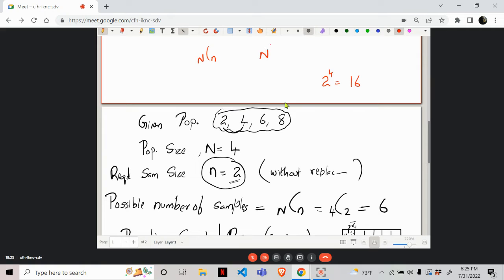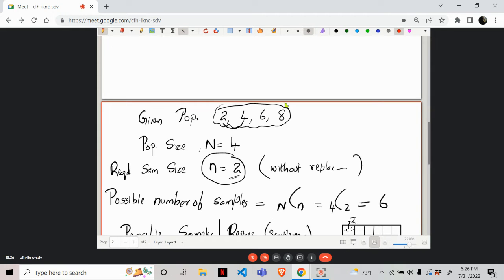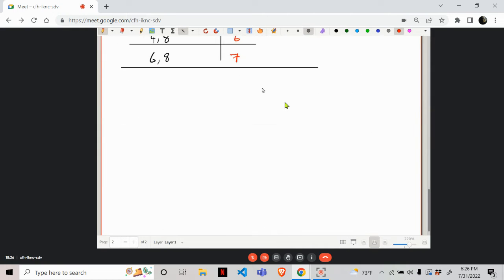If it is with replacement, N power n. So you will get 2,2, 2,4, 2,6, 2,8, 4,4, 4,2, and so on. You got the point, right? So normally they will never ask that.